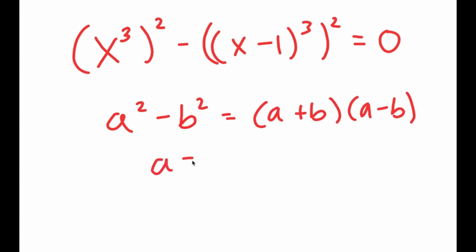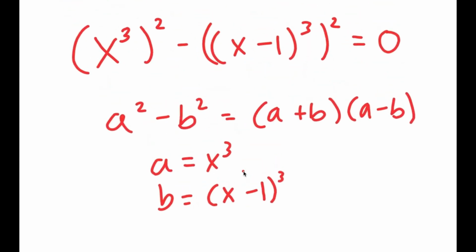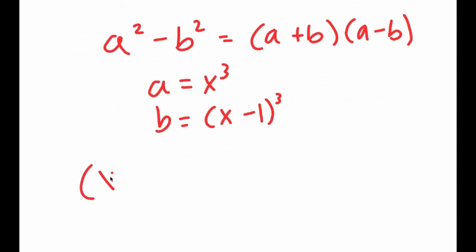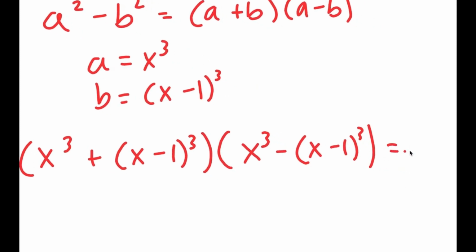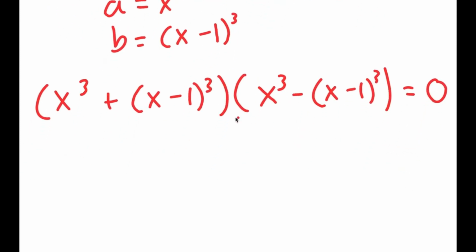So in this case, a is x to the power of 3, and b is x minus 1 to the power of 3. So I get x to the power of 3 plus x minus 1 to the power of 3 times x to the power of 3 minus x minus 1 to the power of 3 is equal to 0.